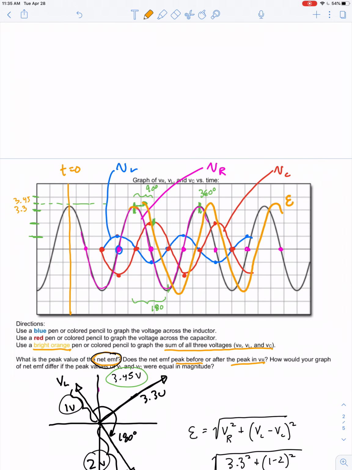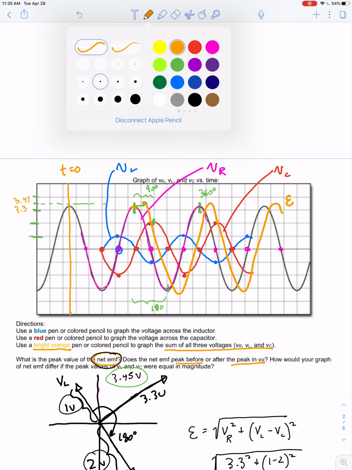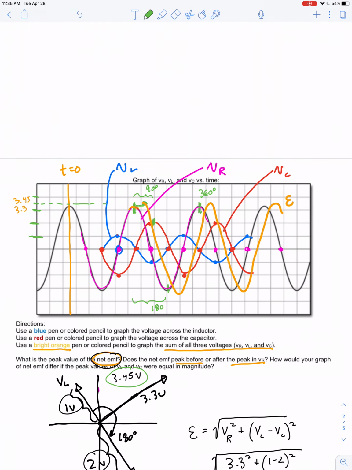Okay? Now if we look at any given instant in time, does this agree? Well, let's see. Let's pick this instant in time right here. So the voltage across the capacitor is positive at that moment in time.